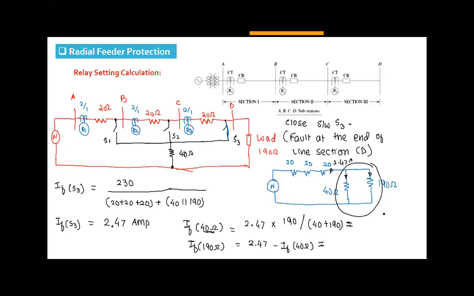What is current through 40 ohm? No, Pradeep. Yes, 2.04. Correct, Ravi. Correct, Nikhil. Yes, Riyas. And this is current through load is 0.43 ampere.